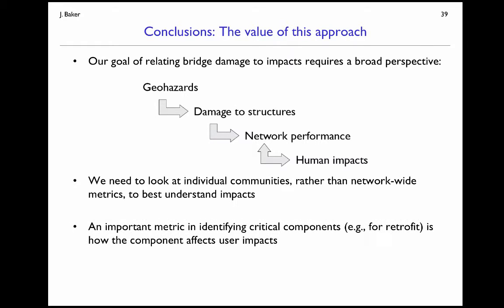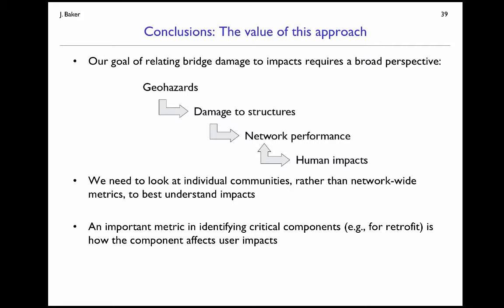And then finally, this thinking that we were talking about in the last few slides is that when we think about identifying critical components, for example, components that should be retrofit in order to enhance network performance, we need to think about how that component affects the user impacts.